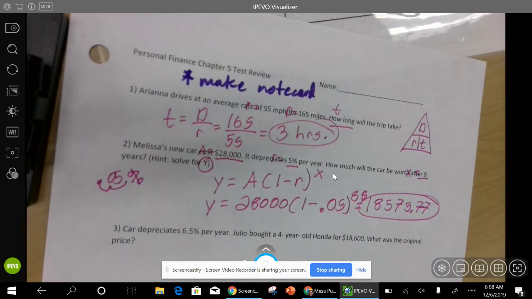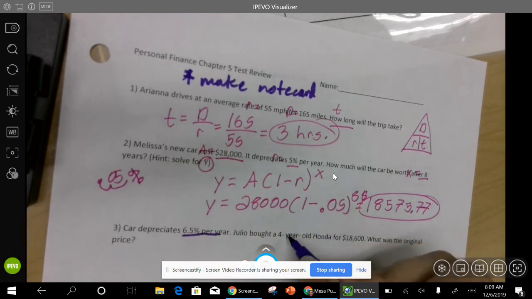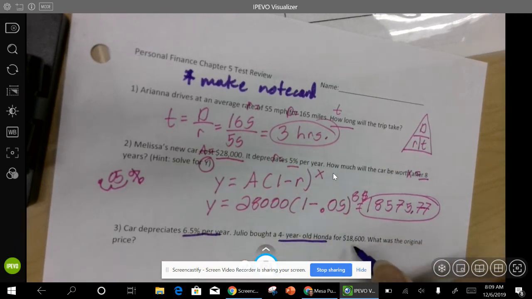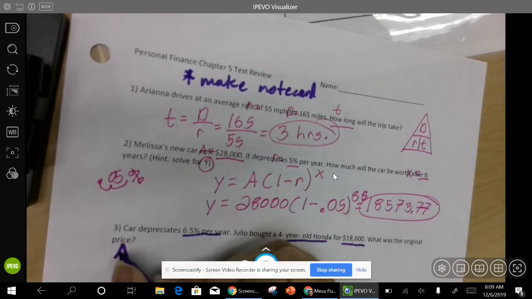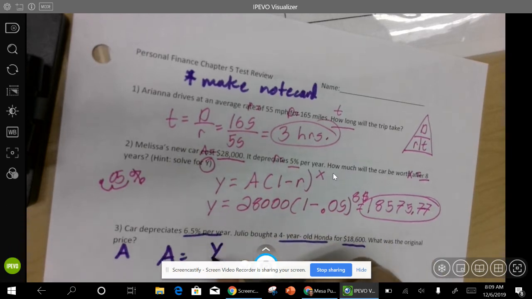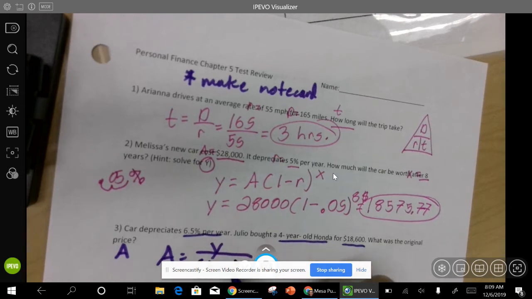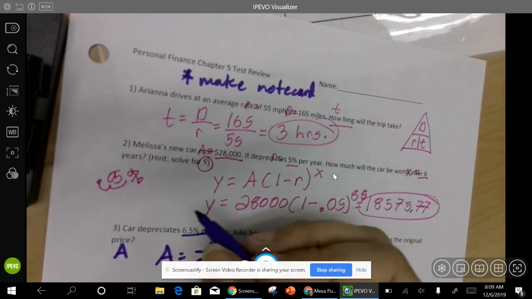Okay, for the next one, it says the car depreciates at 6.5% per year. Julio bought a 4-year-old Honda for $18,600. What was the original price? So, everybody, I'm solving for A. A is equal to y divided by 1 minus the rate, raised to the x power.